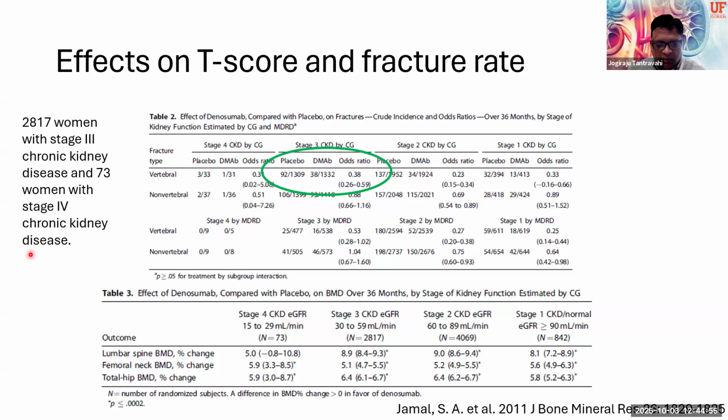Okay? So denosumab as a treatment for osteoporosis, as a means of fracture prevention, as a means of increasing bone density, may be very appropriate for our patients with stage 3, even advanced stage 3, perhaps early stage 4 chronic kidney disease.